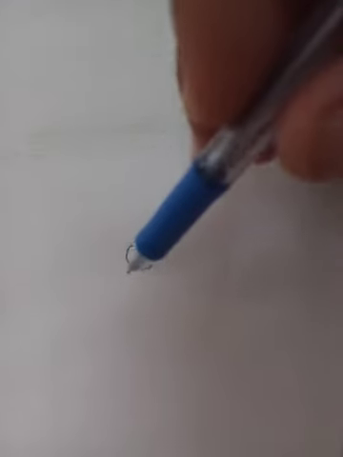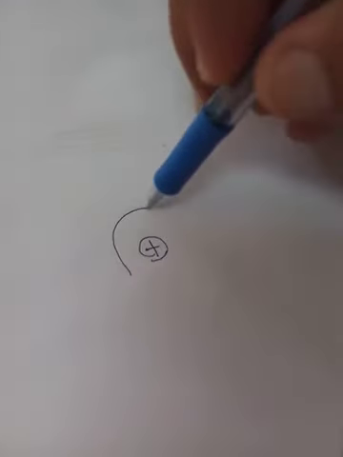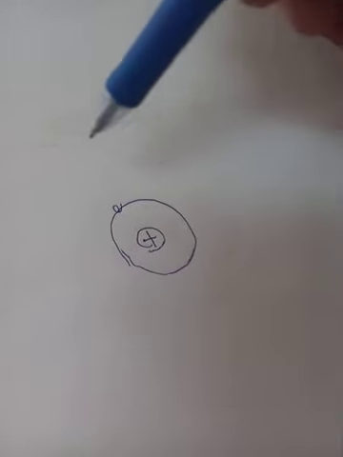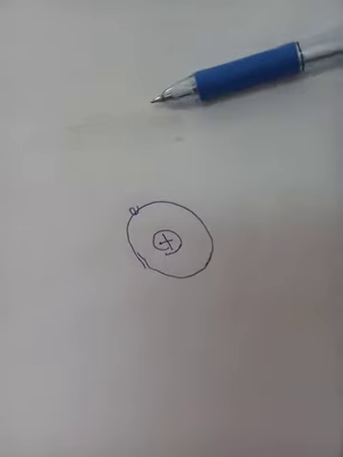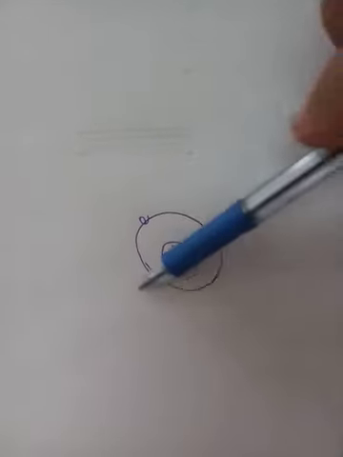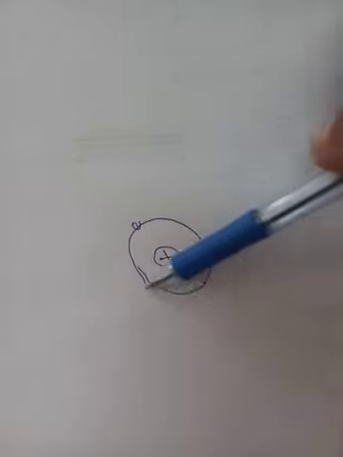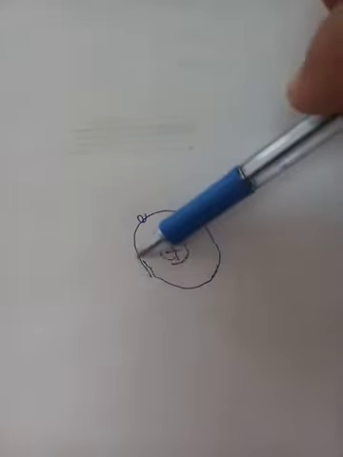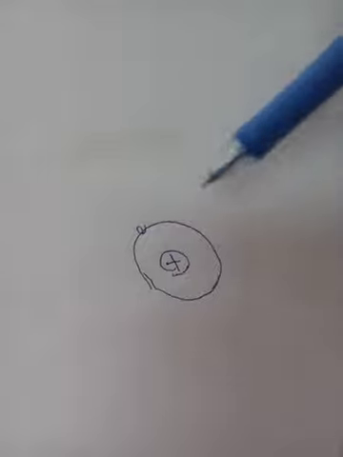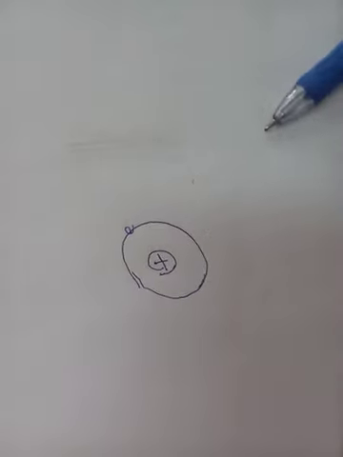For example, this is the nucleus, and the electron is revolving around the nucleus. This is the plane of the paper. This electron is only revolving along this paper; it can never come above or below this paper.